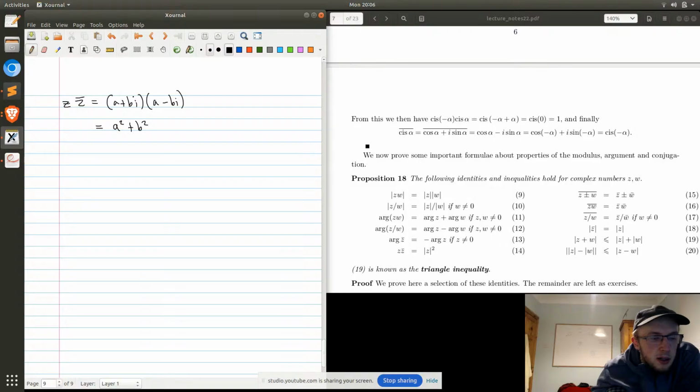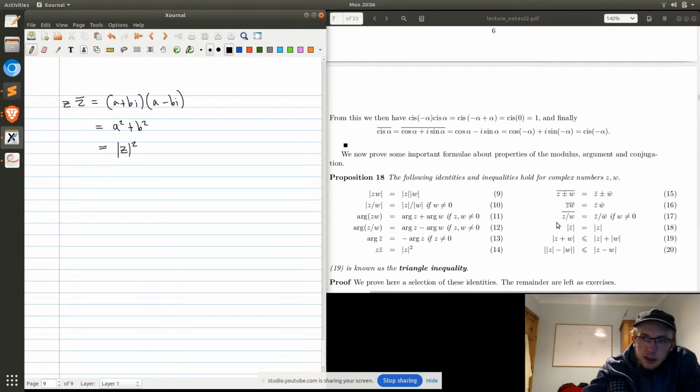The outside and inside terms cancel out. So we get that there. And that is, of course, the modulus of z, but squared. Yeah. That one's really a simple one, I think.